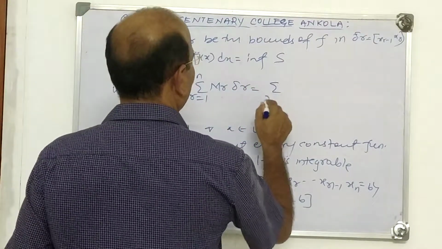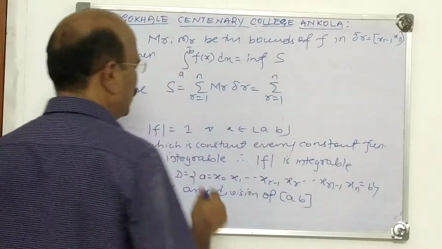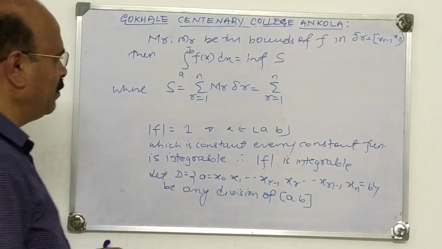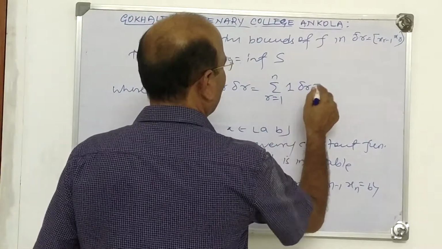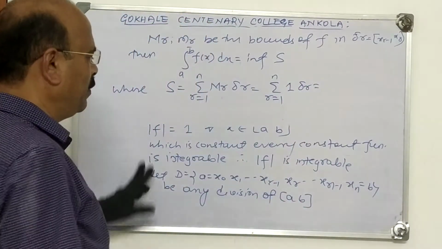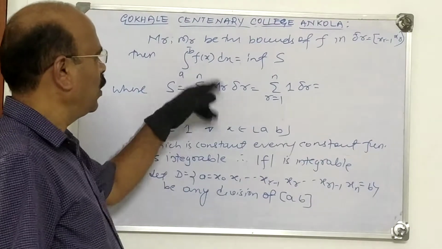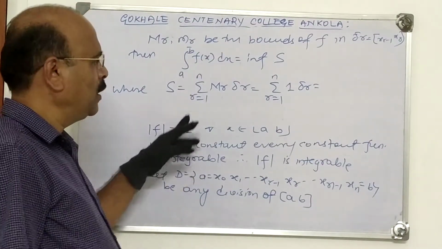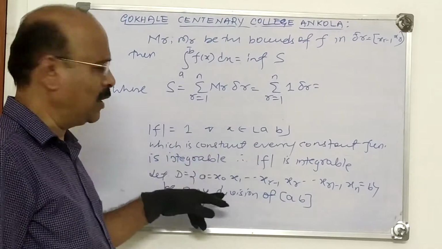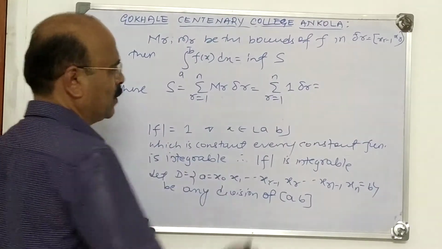It is sigma r equal to 1 to n. What is capital Mr? Capital Mr is 1 into delta, because capital Mr is the upper bound and small mr is the lower bound. The functional values of f x are 1 or minus 1 in any interval, and in any sub-interval also it is 1 or minus 1.